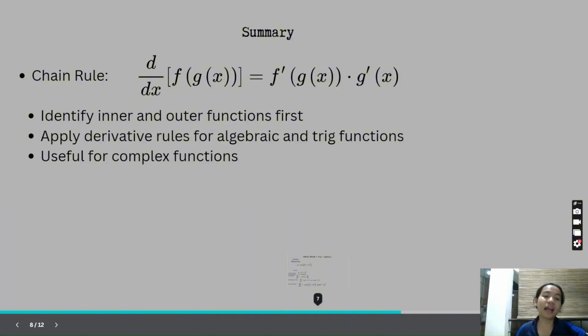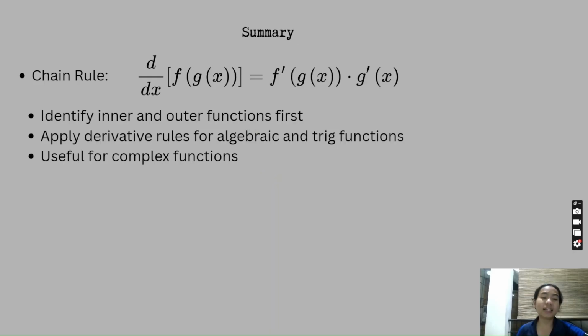So to summarize everything, the derivative of the composite function f of g of x is equal to f prime of g of x times g prime of x. So we will simply substitute the value of g of x into the x of f of x.